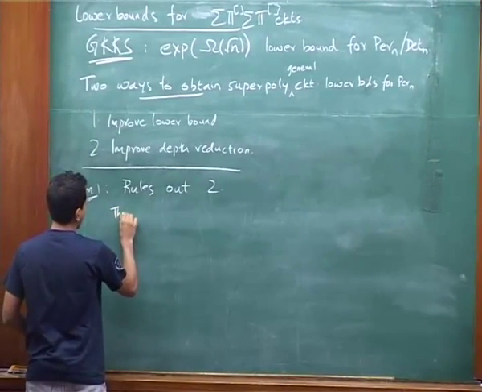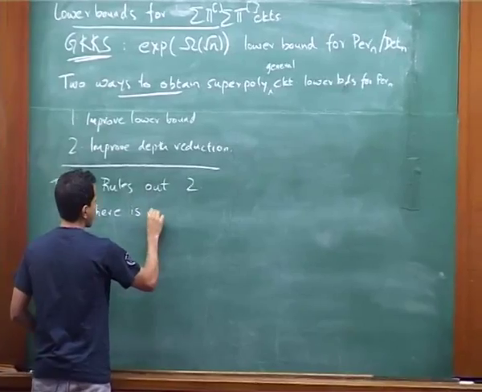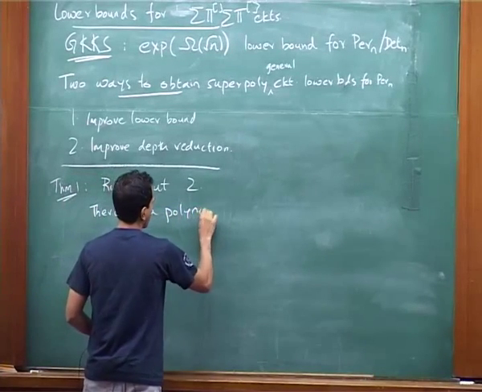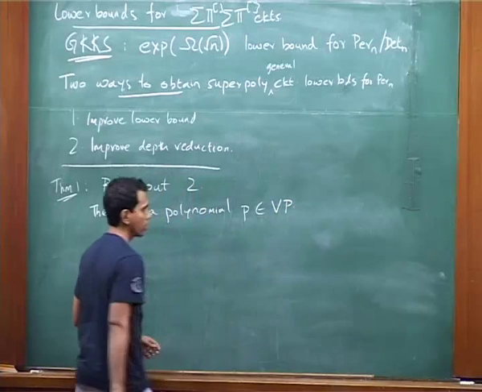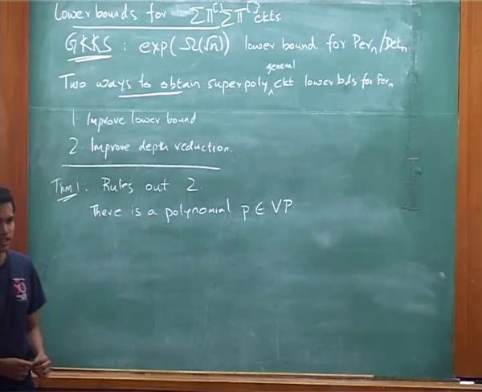So there is a polynomial P in VP, right? So it's a polynomial that has polynomial sized arithmetic circuits.